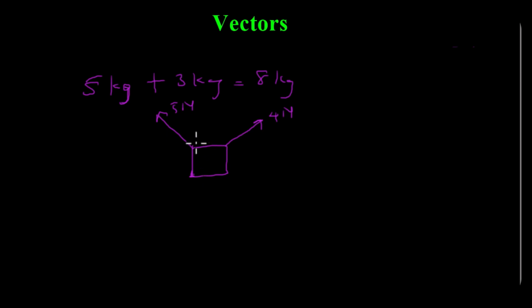Now, if I want to add the total force that will make this box move, I simply cannot say 5 newtons plus 4 newtons, because both forces are being applied in different directions. Without the essence of vectors, I wouldn't know the direction in which my box would move. Hence I can't add them algebraically like that. Hence the need and usefulness of vectors in physics.